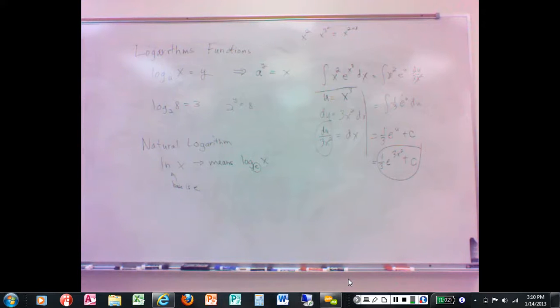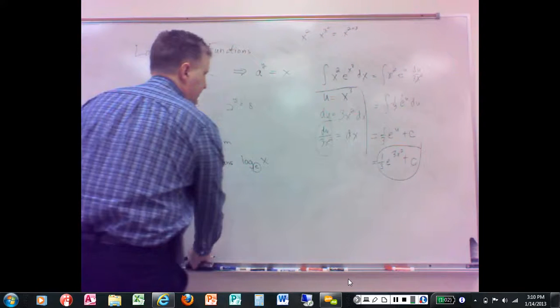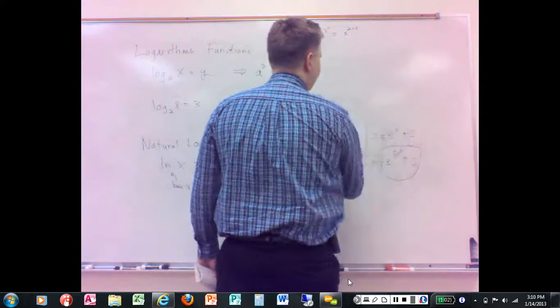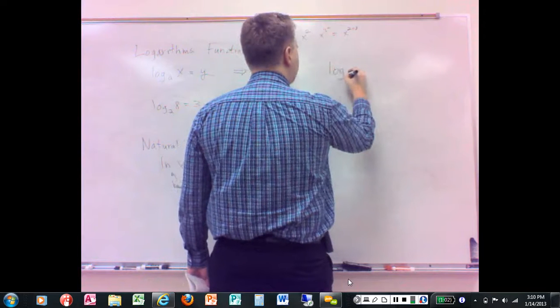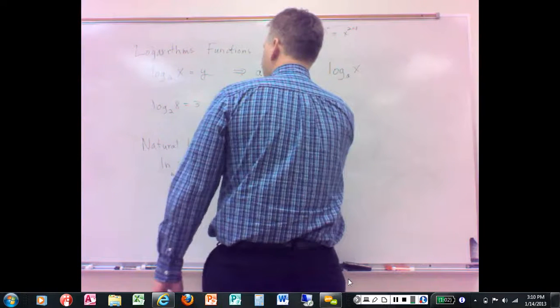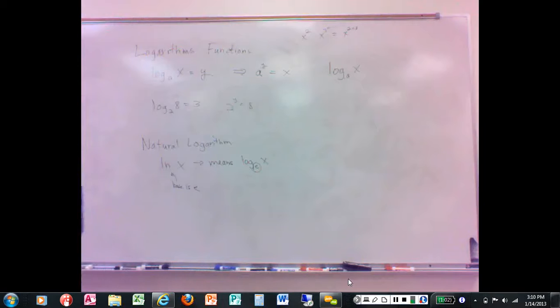The other thing we might want to remember is that if I have a logarithm of some other base, like base 2 or base 5, base 60, whatever it is, I can change that into the natural logarithm. That's always a good thing.